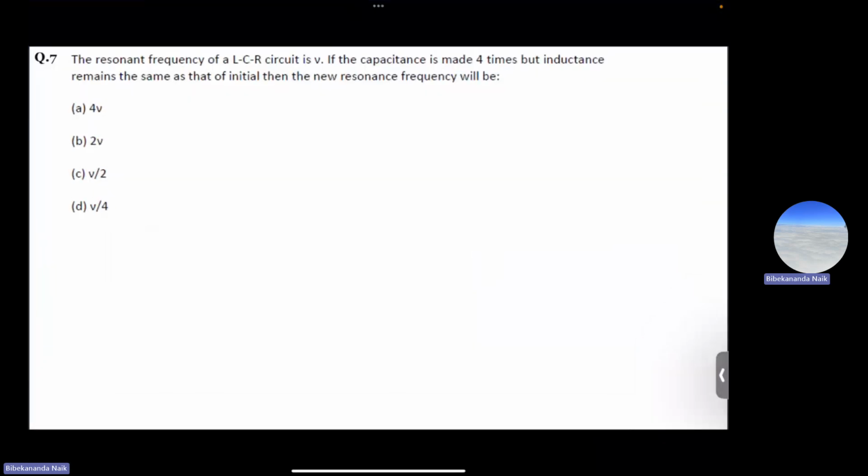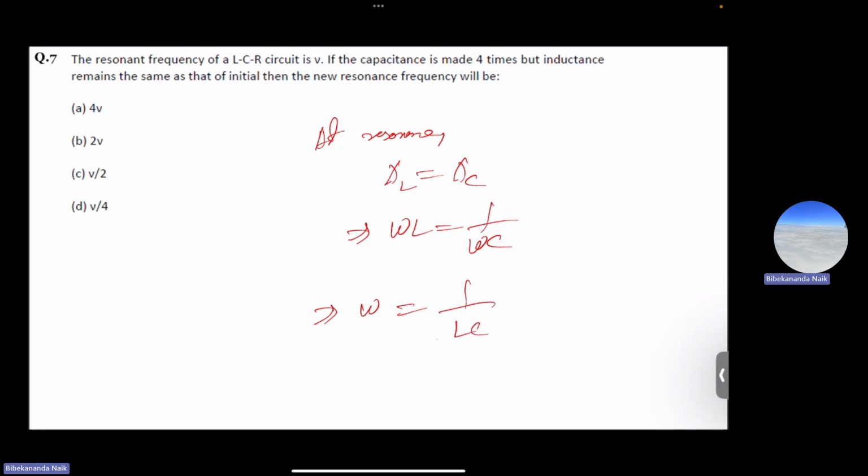So, as we have already discussed one problem related to this resonance frequency, we know at resonance XL equal to XC, that implies omega L equal to 1 by omega C, which comes out to be omega equals 1 by root over of LC. That implies nu 0 is 1 by 2 pi root over of LC.